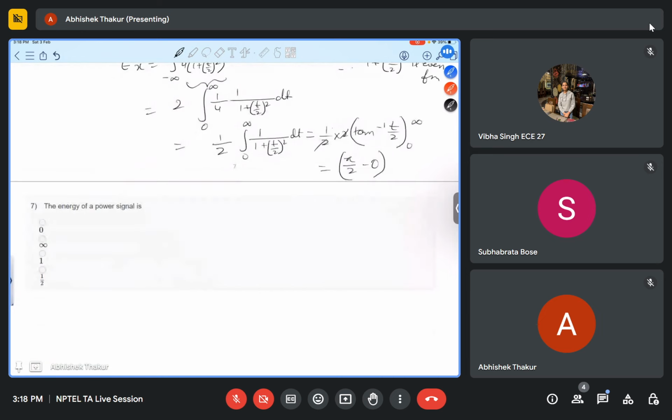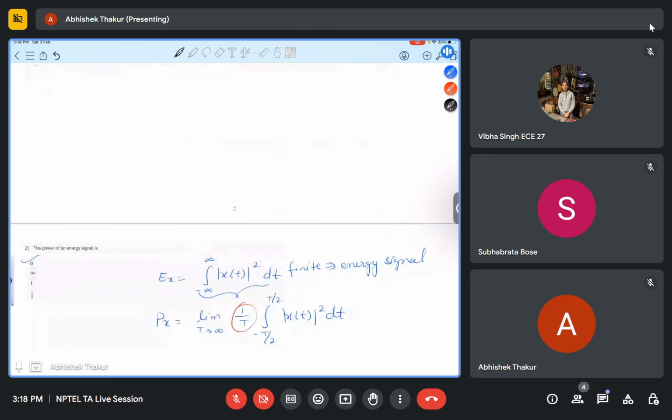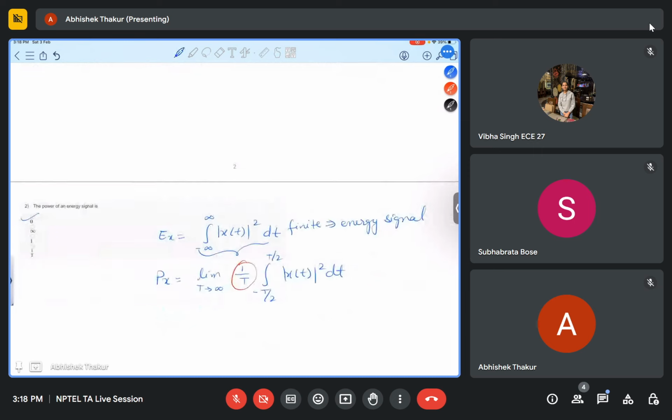Now, what we have studied: power of energy signal is 0. Energy of power signal will be infinite. Because in the formula you see, let's suppose this is a finite value, then this is a power signal.